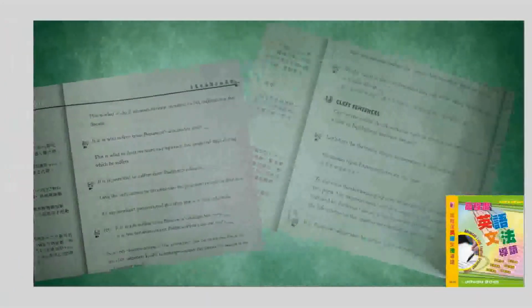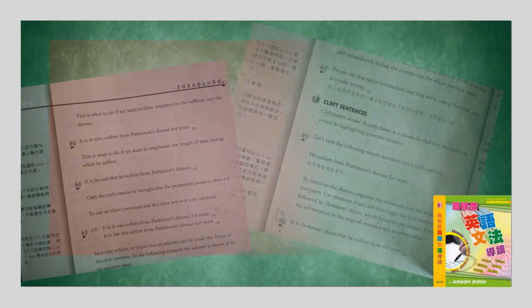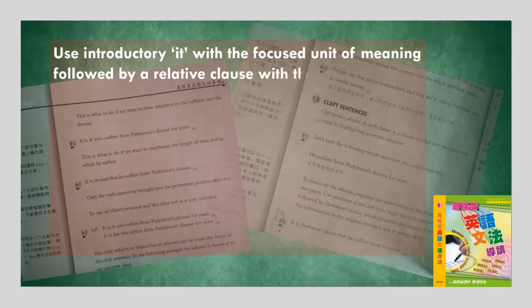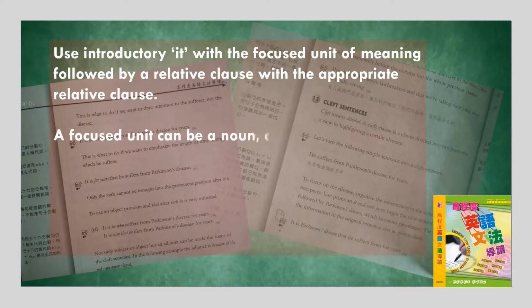The cleft structure begins with the introductory "it," and you put whatever you want to emphasize with the introductory "it," whether it is a noun, a personal pronoun, a prepositional phrase, even an explanatory clause beginning with the connective "because."